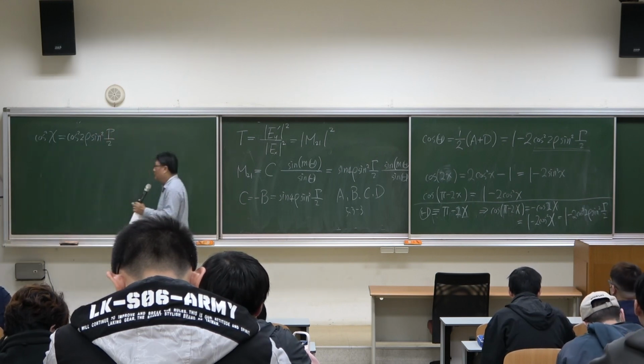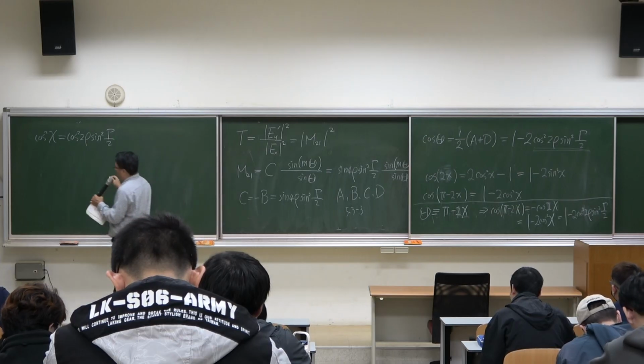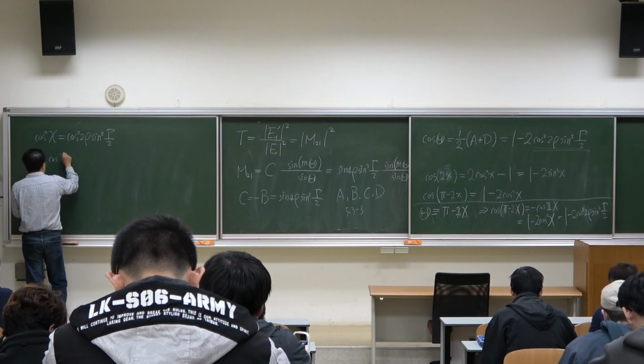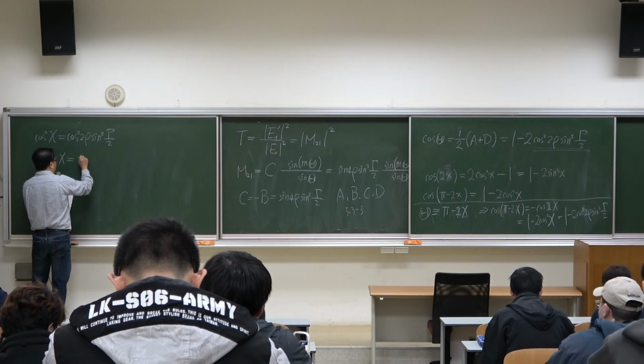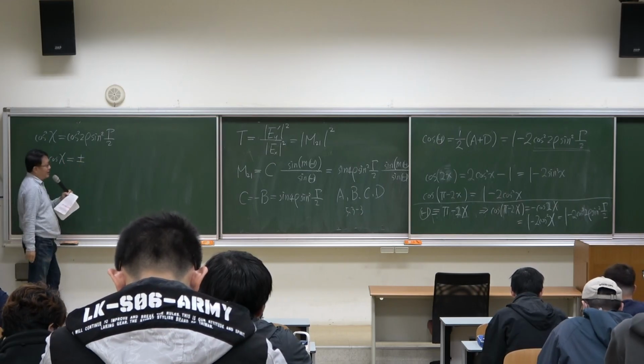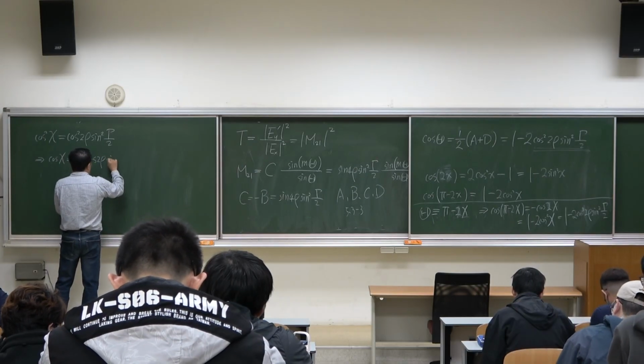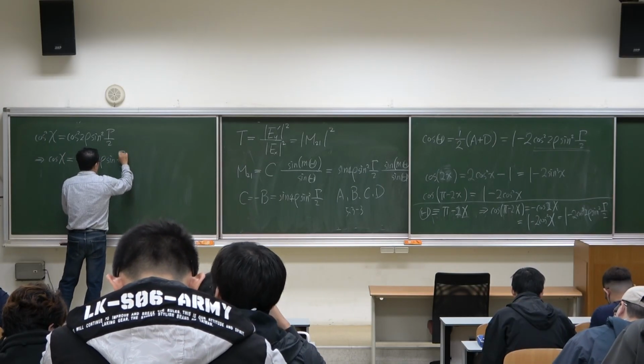Okay? So I can write the result as cosine chi is equal to positive or negative cosine 2 rho sine half gamma.